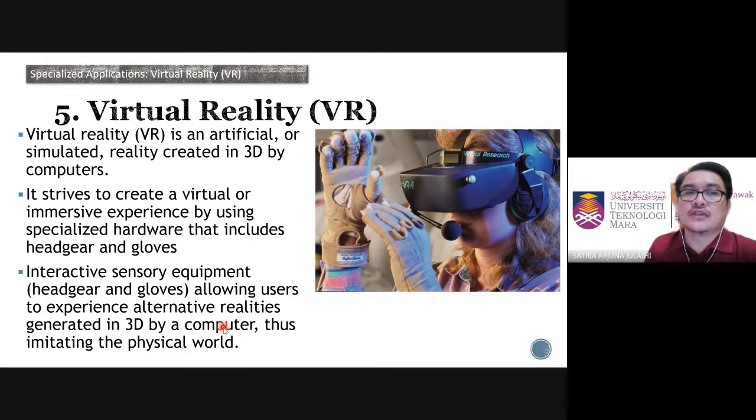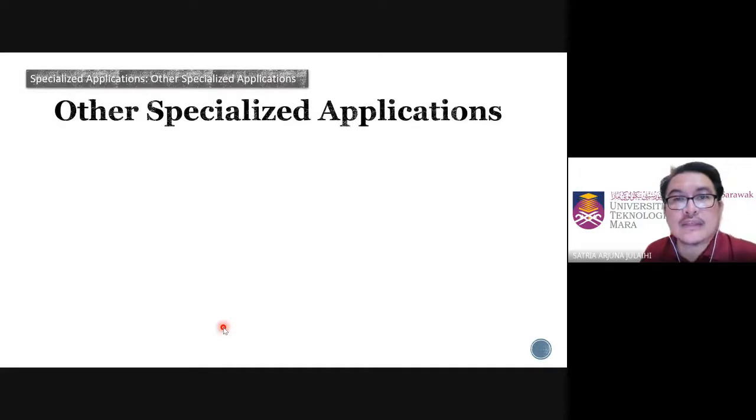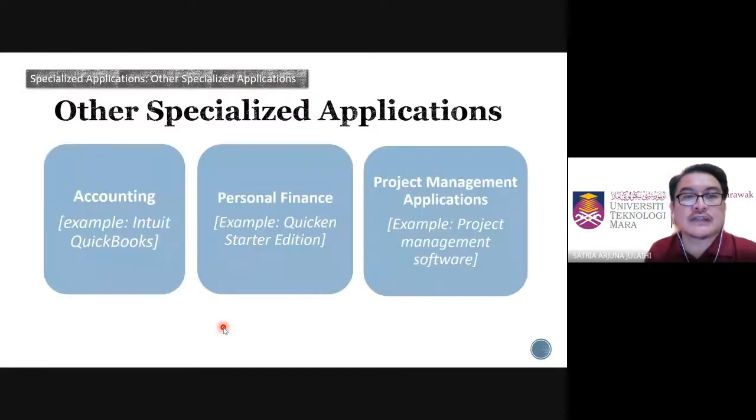Yeah, so there are also specialized VR software or application, yeah, to produce VR images. Other specialized application, okay, for example, accounting, personal finance, project management application. So these are other specialized application.